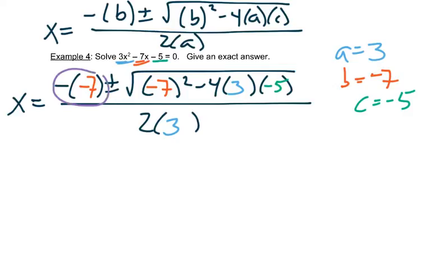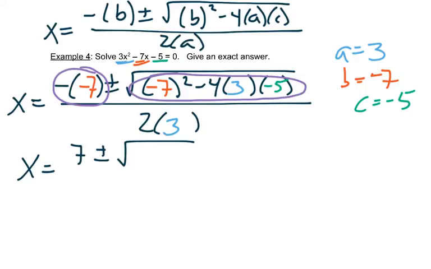So again, we'll start with simplifying this. The opposite of negative 7 is 7. And we'll do this in our calculator all at once. Again, those parentheses are really important. And you should get 109. And we'll also do this at the same time, which gives us 6.